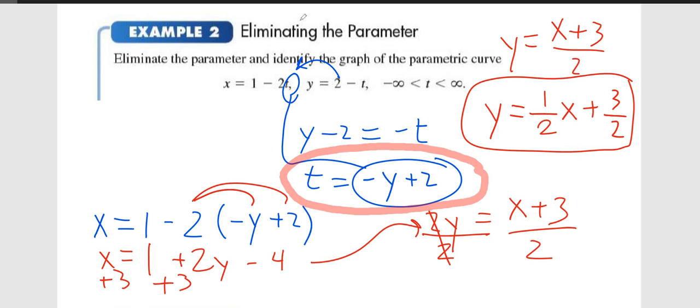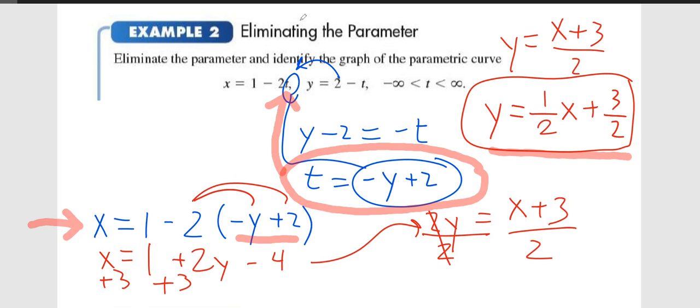All right, and then we decided, hey, we'll take this and we'll plug it into the x equation right there for t. All right, so when we did that, down here in the blue, you can see that part right there where we put it in parentheses right here, and then distributed the -2, and so we ended up getting an equation, and we solved it for y, and so there was no more t's involved, and once we solved it for y, we ended up with this equation, which of course is a line, slope 1/2, y-intercept 3/2.